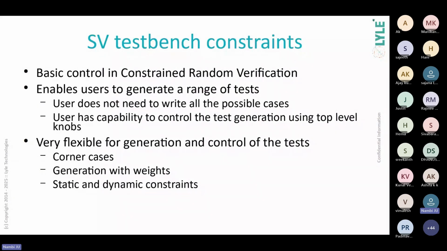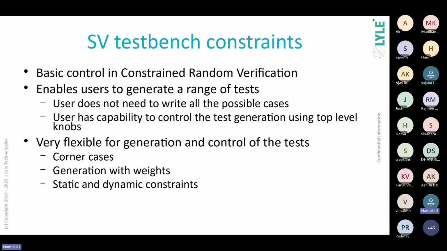So the constraints essentially give control for test generation, and these are constraints at the top level. You don't need to go inside the design and provide switches or knobs to control the generation of the test. How is it useful?